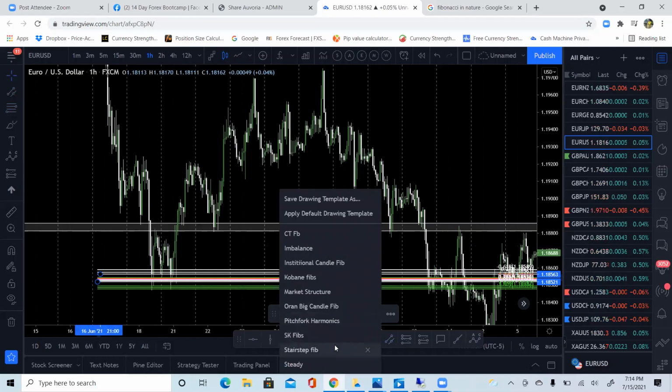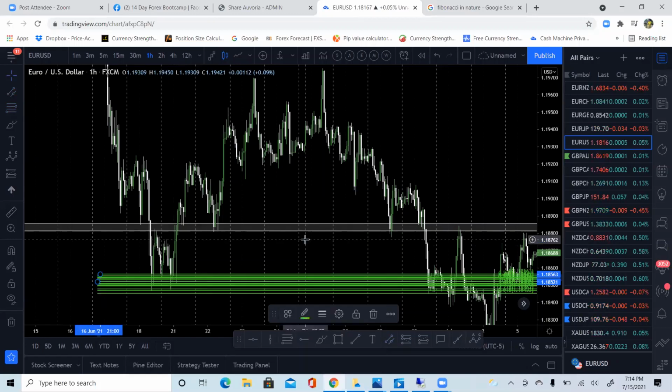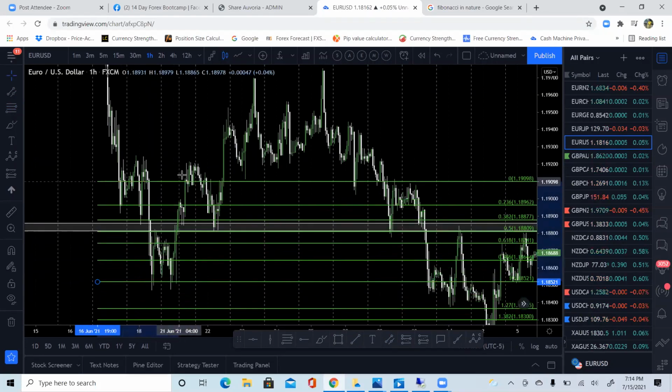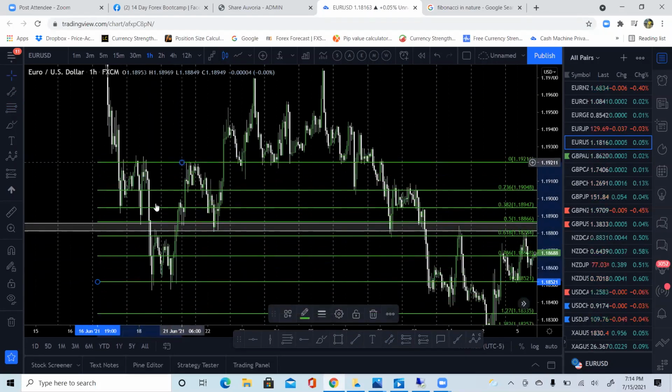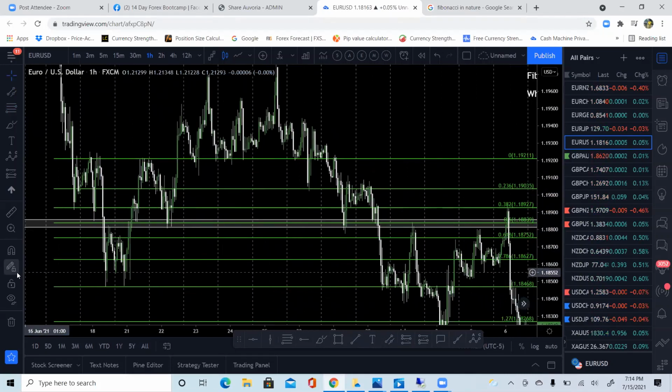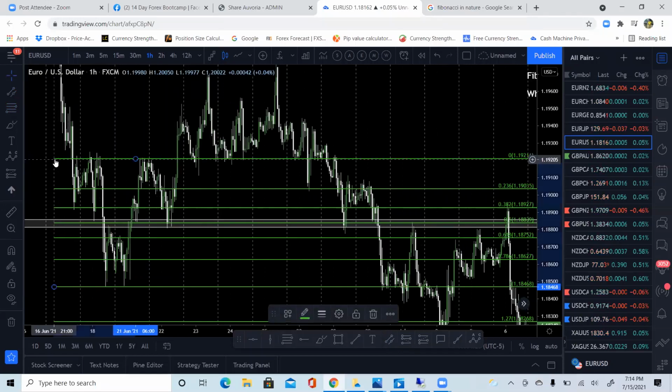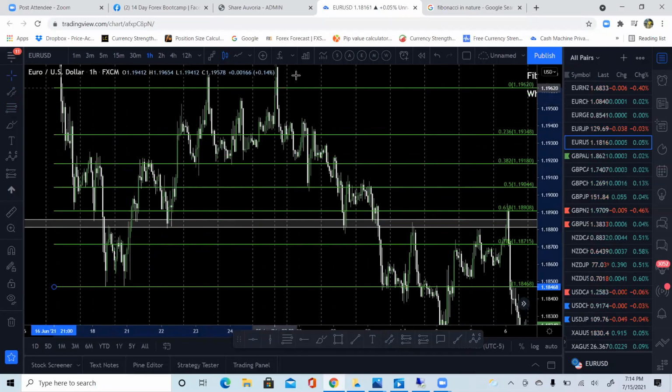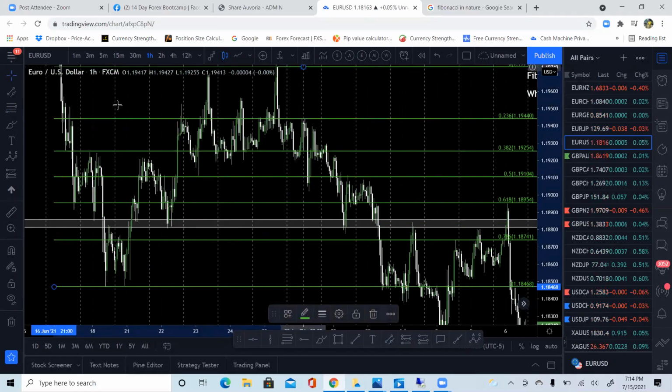So we look at Fibonacci in motion, right? So you see here, and let me show you why it's so important. Let's do this example actually. Let's do the high to low example.